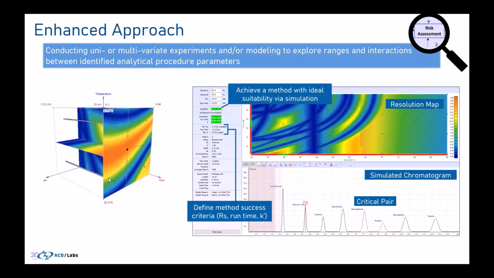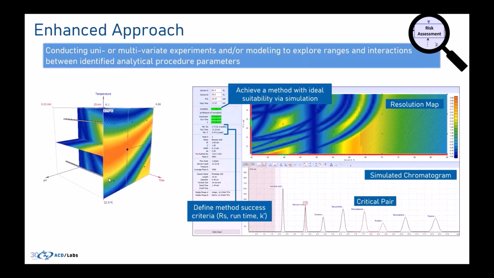You can optimize key separation parameters such as pH, temperature, gradient, and solvent ratio in order to meet the defined success criteria like runtime, retention factor, and resolution, which can then be visualized on the color-coded resolution maps according to the success criteria that you set.